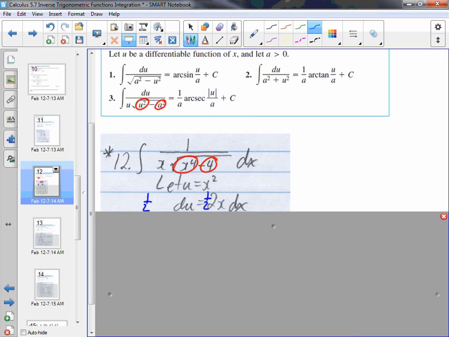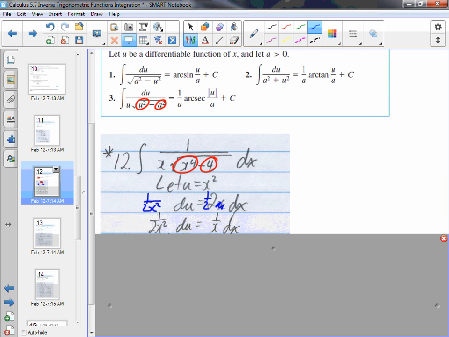That'll get rid of the 2, right? If I had an x in the bottom, that'd get rid of that x. But I'd really like for the x to end up in the bottom, so how about an x squared? So 1 over 2x squared du equals 1 over x dx.